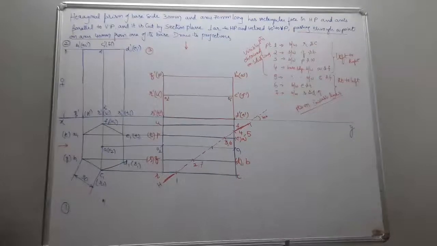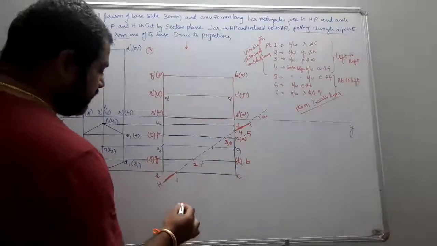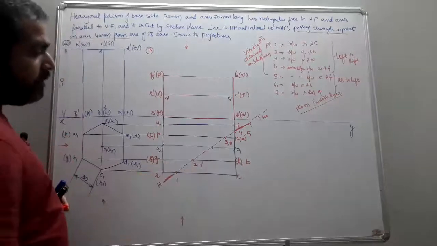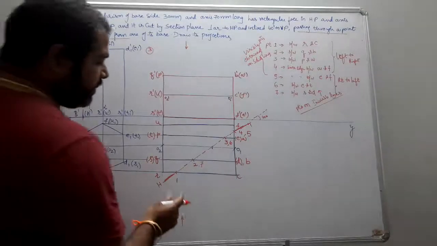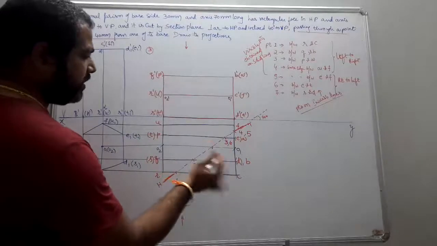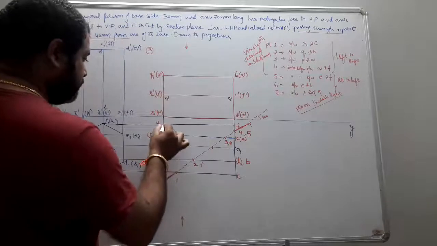Next step, what is the next step? Let us see when the observer is seeing from this direction, which portion is to be removed? Always the portion between the observer and the cutting plane is removed. That means this portion is removed and this is my retained portion.